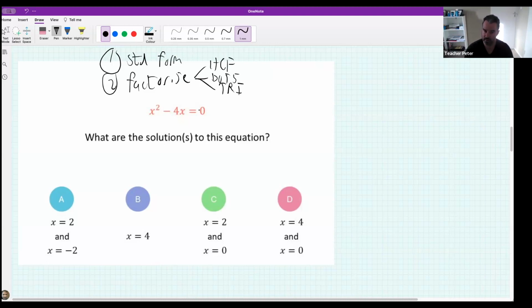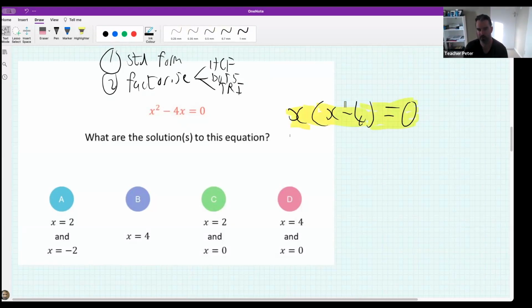It's actually not a difference of two squares because of the x here. What you need to do is you need to factorize it by doing that. So that is the factorized form. And now the question is, what are my answers going to be? Because I need to do the split and I need to do the solve.